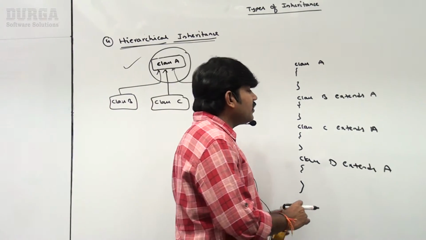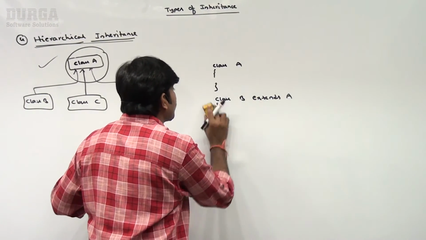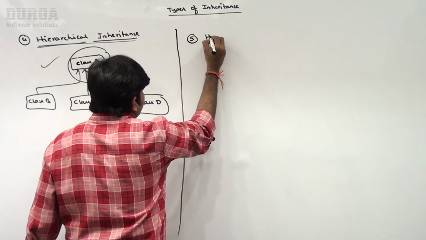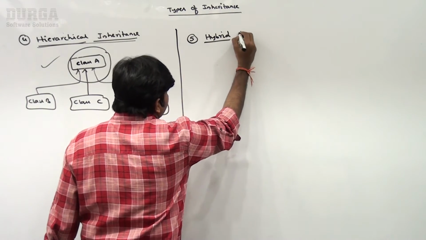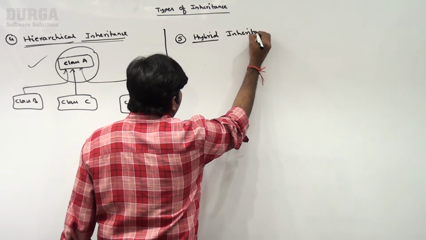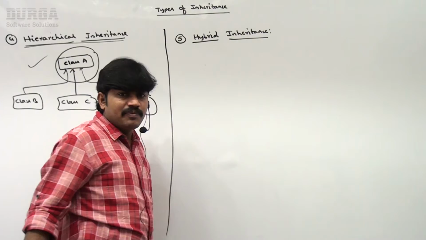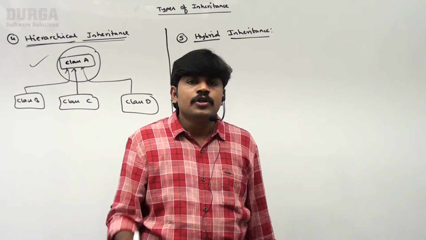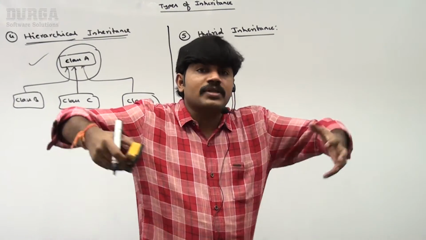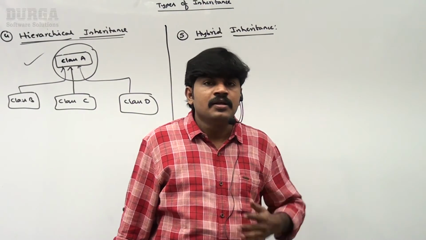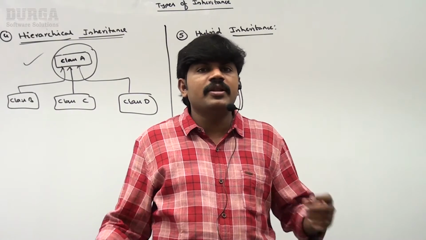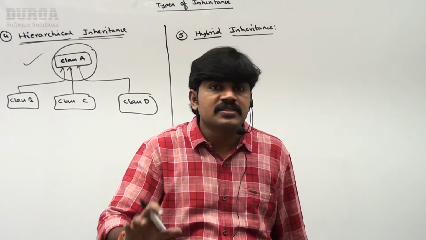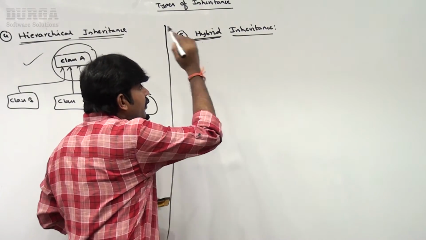Next one, the fifth type of inheritance, very important: hybrid inheritance. Can you spell out the meaning of hybrid? Hybrid means mixed. If we are using multiple types of inheritances simultaneously, such as hierarchical inheritance and multiple inheritance together, it is by default considered hybrid inheritance.